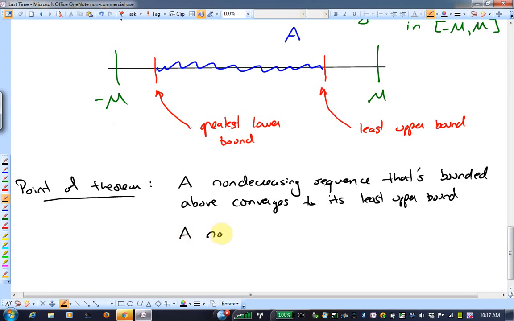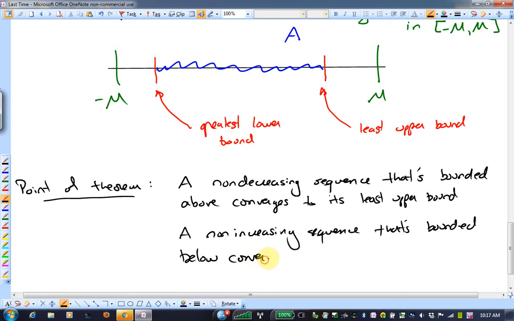A non-increasing sequence that's bounded below converges to its greatest lower bound.